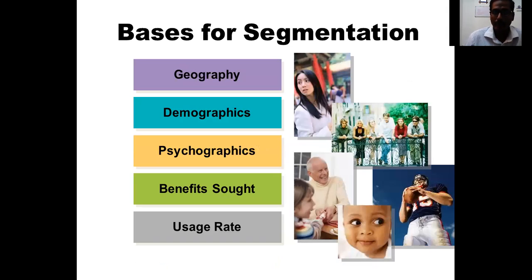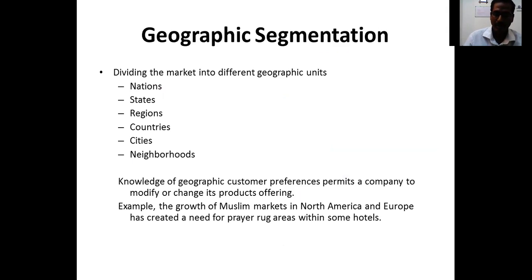Now, the bases for segmentation: on what bases do marketers do the segmentation? First is geography, then demographics, psychographics, benefit sought, and usage rate. So these are the five bases. There are other bases also, but these are very common bases by which businesses or organizations segment their market.